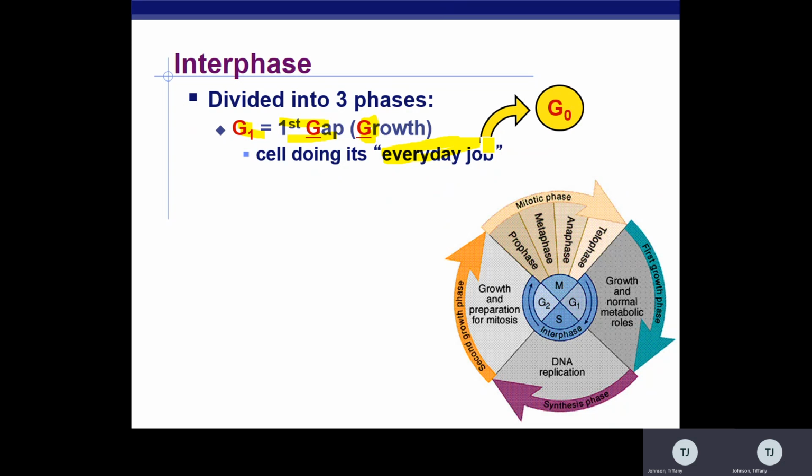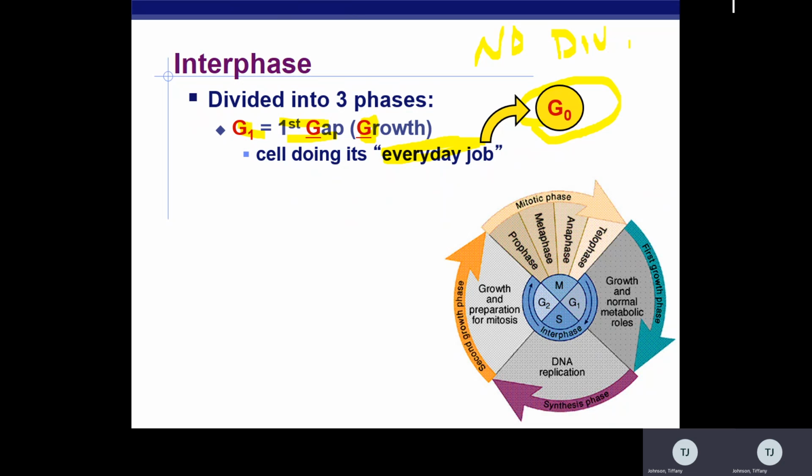Or it says, you know what, I don't need to divide. So hopefully you wrote this down. If you didn't, please do so. The cell could decide to go into what's called G0, which means it's non-dividing. So no dividing. Now that could be temporary or it could be forever.